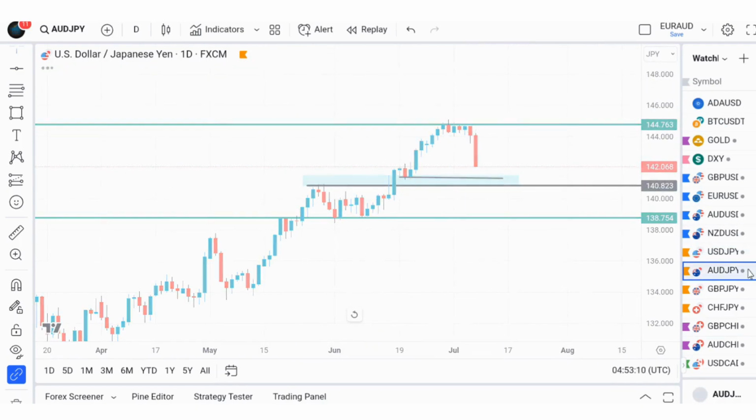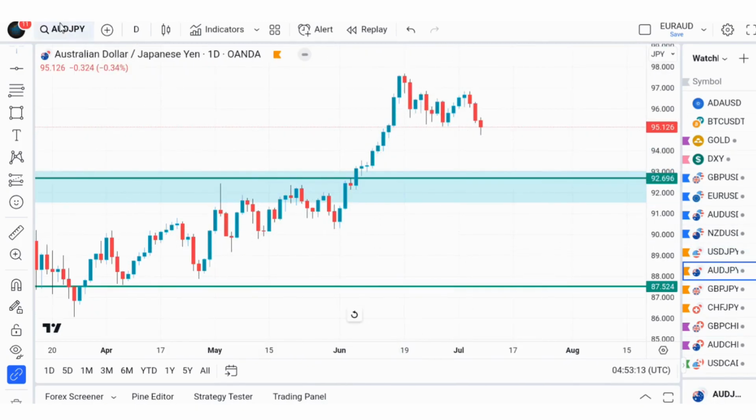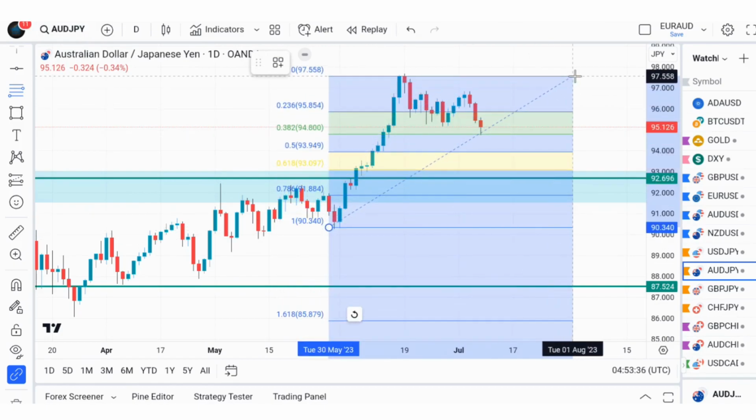So the next one that you can still have the opportunity to trade is the AUD Japanese yen. In the AUD Japanese yen, we still have the opportunity to trade the retracement to this particular level of 92696, because if we use the fib retracement with the swing low and the swing high, this one might anticipate the rejection to this 61.8 Fibonacci retracement level before we actually see maybe a decline from that level right there.